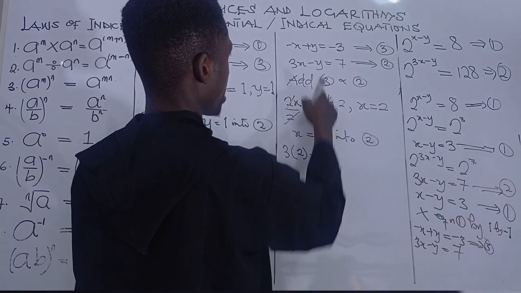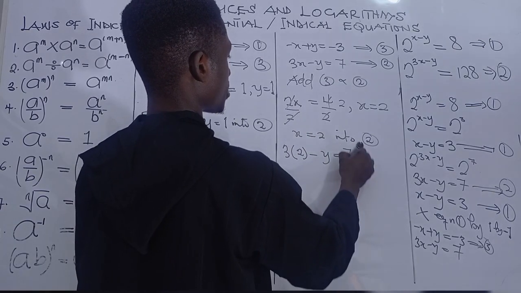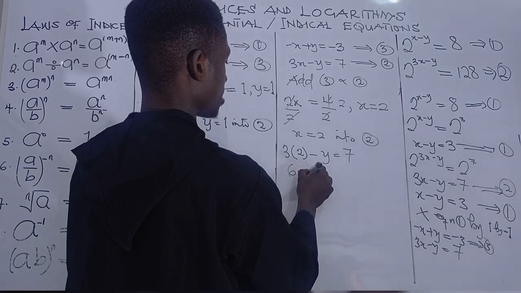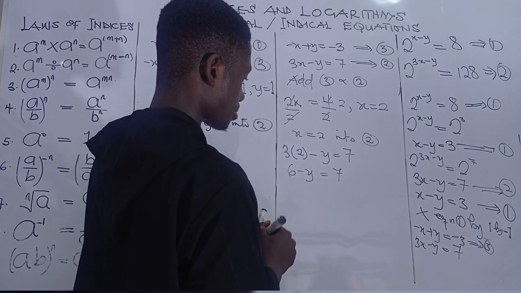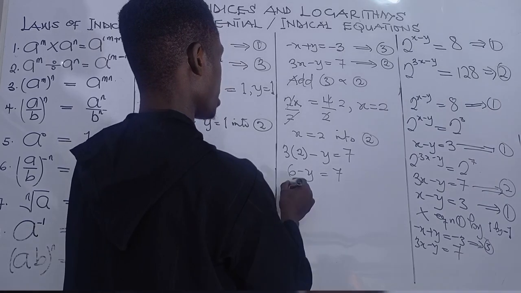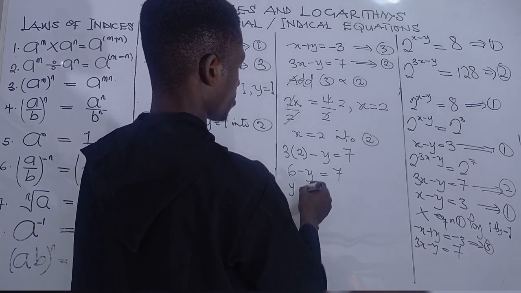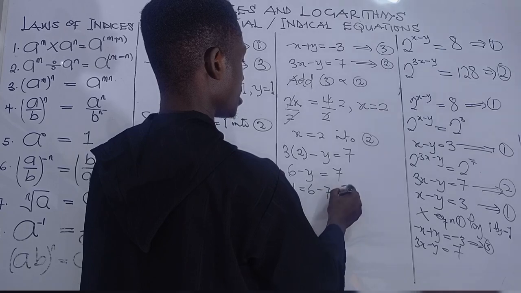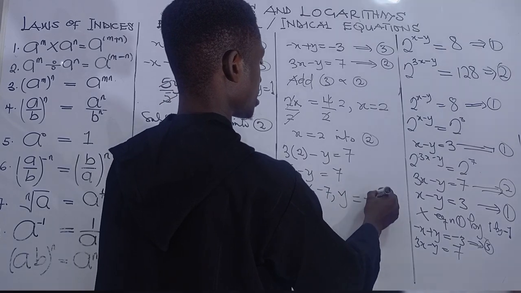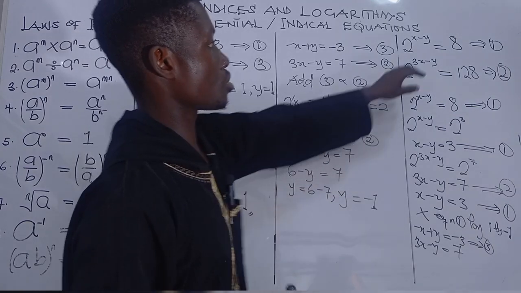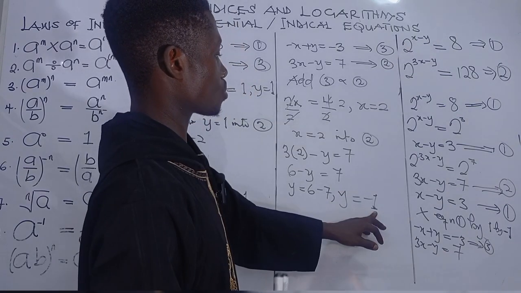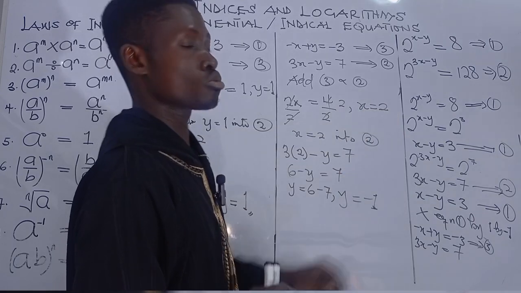Is 2 minus y is equal to 7. So we have 6 minus y is equal to what? 7. We are looking for what? y. So we have our y is equal to 6 minus 7. Therefore, our y is equal to minus 1. So the values for x and y that satisfy these two equations are 2 and minus 1.